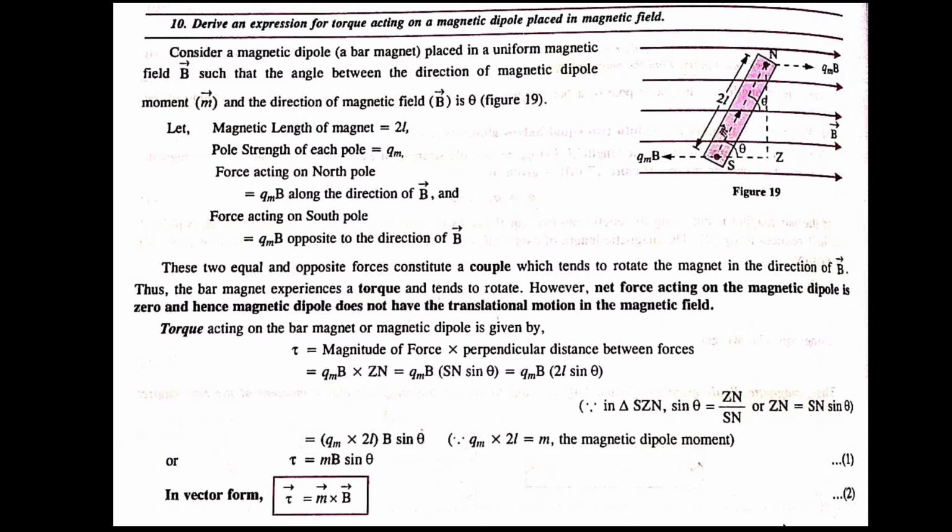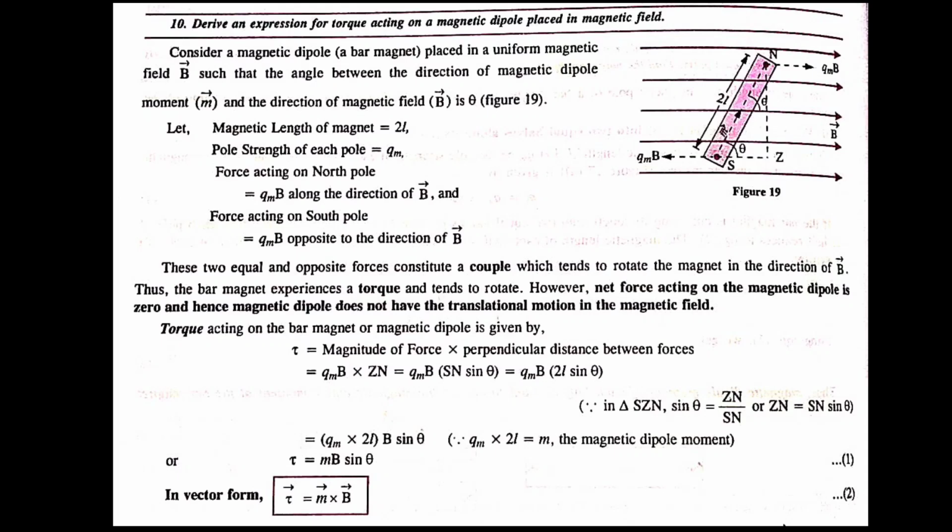Hence, because of this, the bar magnet experiences a torque and tends to rotate. The torque acting on the bar magnet is given by the magnitude of force multiplied by the perpendicular distance between the forces.